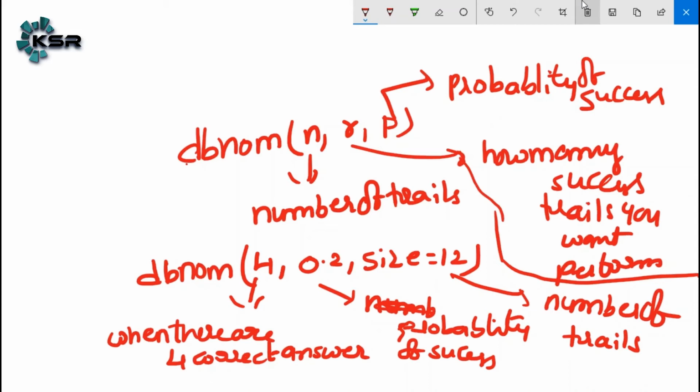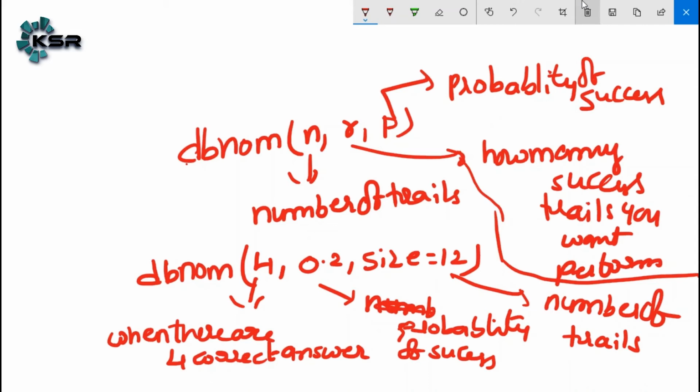This is how we will write D binom 4 comma 0.2 comma size is equal to 12. 4 is when there are 4 correct answers, 0.2 is the probability of success, and size is equal to 12 is the number of trials.